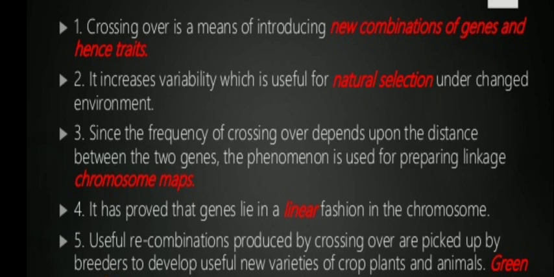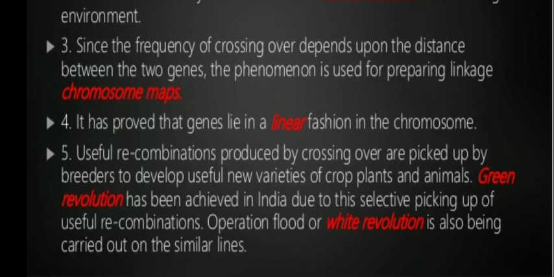Since the frequency of crossing over depends upon the distance between the two genes, the phenomenon is used for preparing linkages and chromosome maps. It is proved that genes lie in a linear fashion in the chromosome, and useful recombinations produced by crossing over are picked up by breeders to develop useful new variants of crop plants and animals.